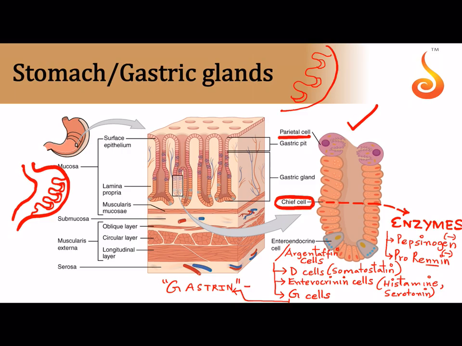Now this gastrin will act on the chief cells and stimulate them to start producing the enzymes, pepsinogen and prorenin. It will also act on the parietal cells and stimulate the production of concentrated HCl. So basically gastrin is a hormone which stimulates the release of gastric juice. Okay.